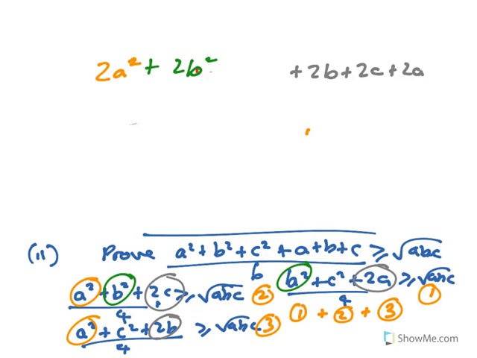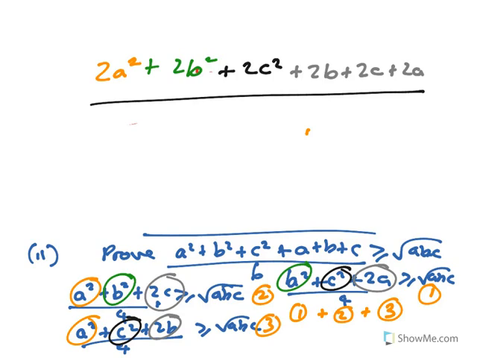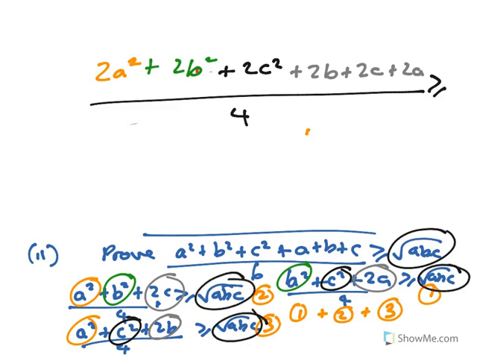And that is all over 4, because it has a common denominator. And on this side I have root ABC, but I have it 3 times. So 3 lots of root ABC.